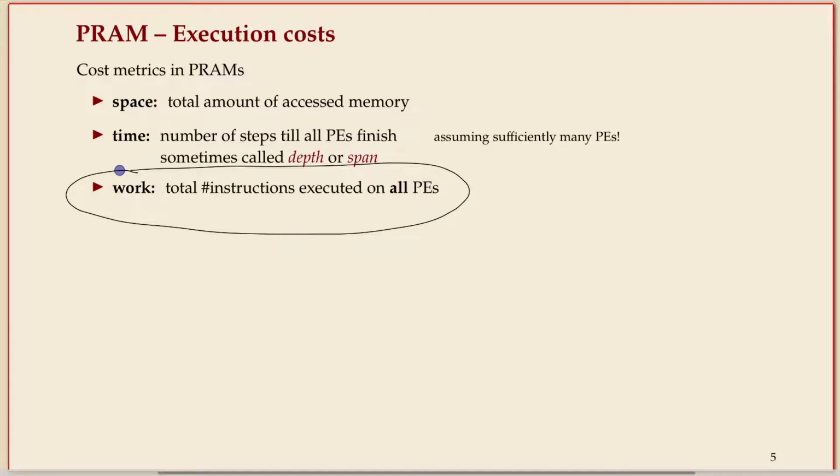That's work, and that's just the total instructions executed across all processing elements. You might wonder why you care about this. An easy answer is that it's probably proportional to the energy you're using, which is much more of a discussion these days, especially in cloud compute centers. But there's another reason that we'll come to why work cannot be ignored.